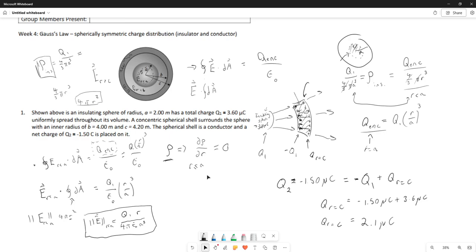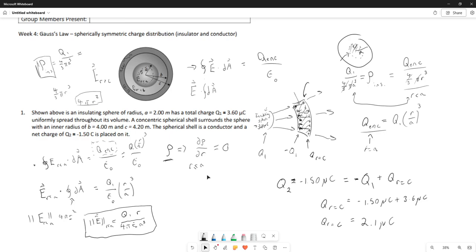For the second part, you have to get the electric field for each section, and the next section is where your Gauss surface will be of some radius in between A and B. So that's the electric field you will have to calculate inside the shell, but outside of the insulating sphere, inside the volume of the conducting shell.